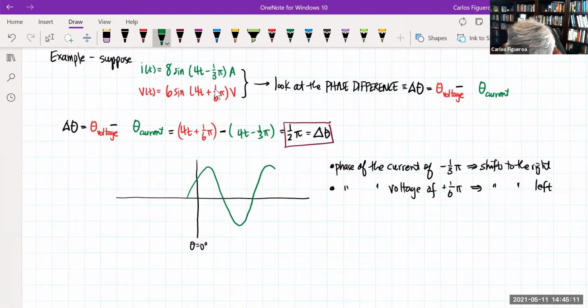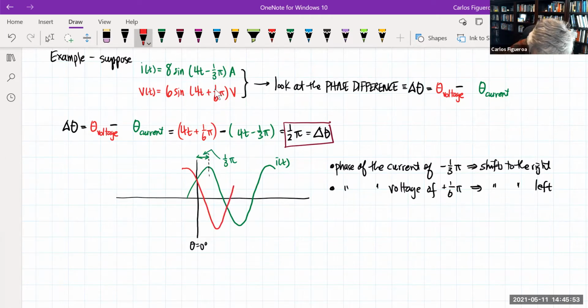So how much did it peak by? Well, you can see that it's 1/3. So the phase difference from here to here, let me do a little bit better job. If I look at this peak here, the distance from here to here is 1/3 pi, and that's going to be the current I. Because the phase of the voltage is to the left, its peak is over here, and this peak looks something like this.